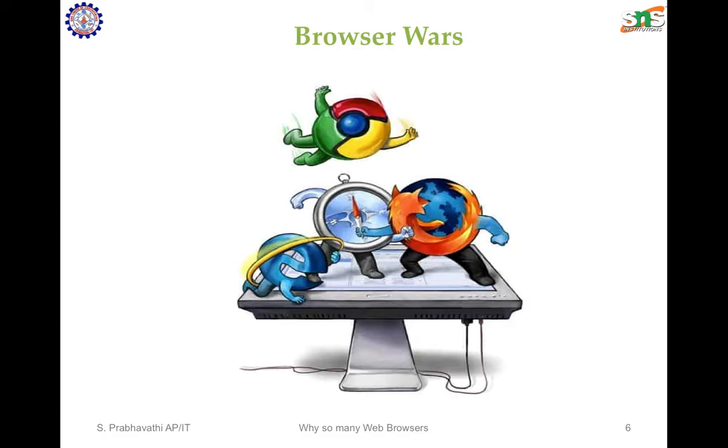Of course, in between, we have also seen increased mobile use and differences in mobile browsers, as well as the introduction of HTML5 and CSS3. This all contributes to the browser wars between Internet Explorer, Safari, and many other browsers, including the recent Microsoft Edge, to be the preferred browser for surfing the World Wide Web.